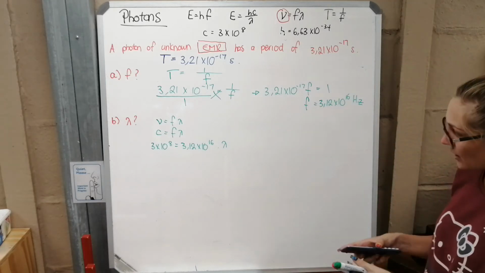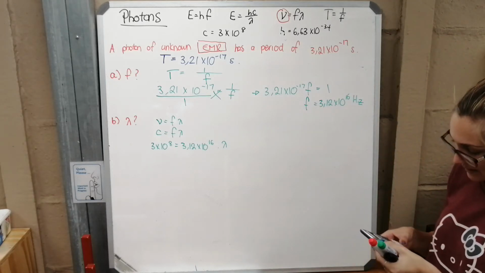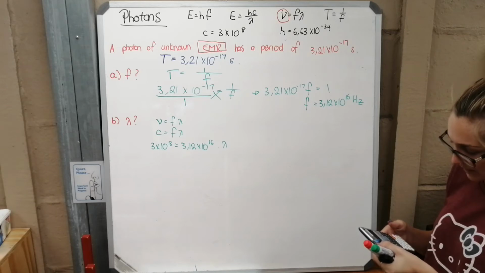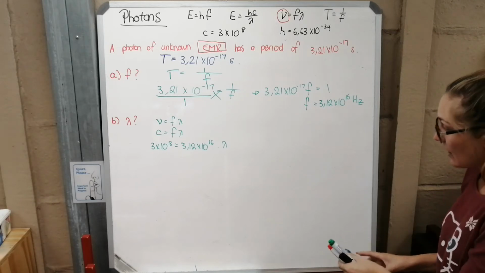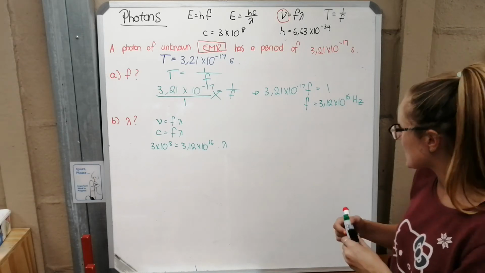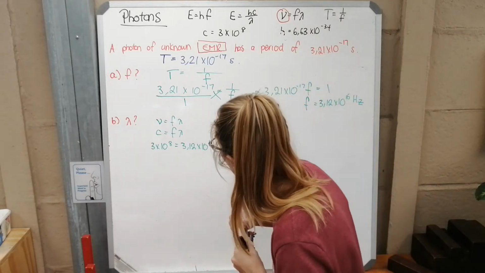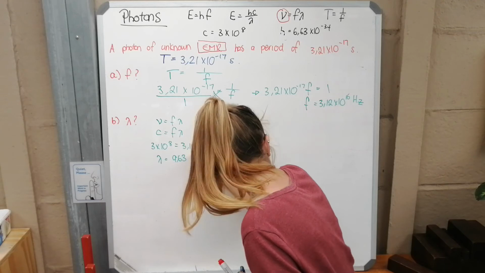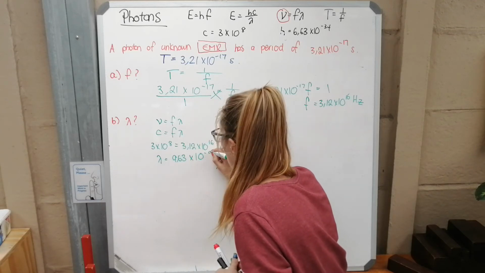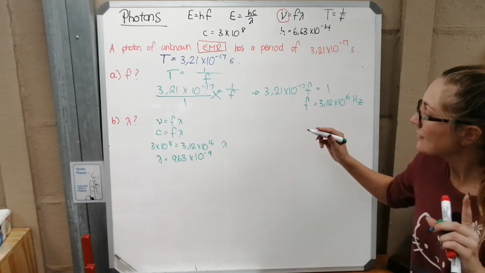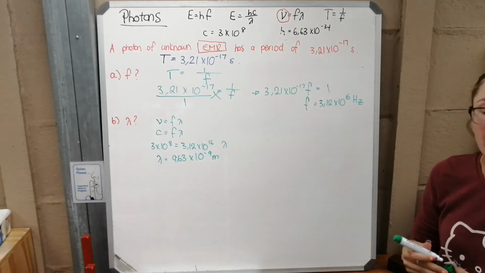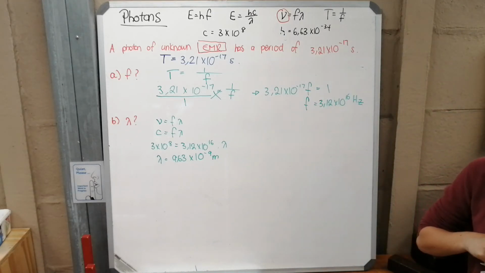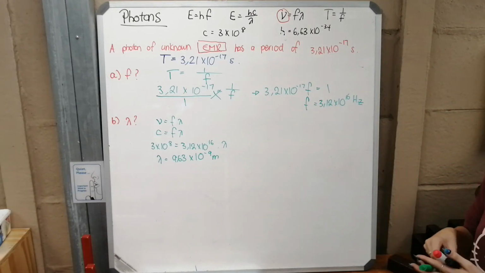So we've got 3 times 10 to the 8 divided by that coefficient, and we get 9.63. So our wavelength is 9.63 times 10 to the negative 9 meters.